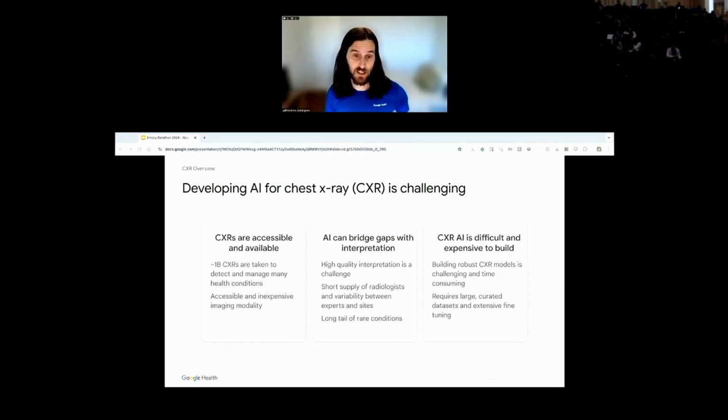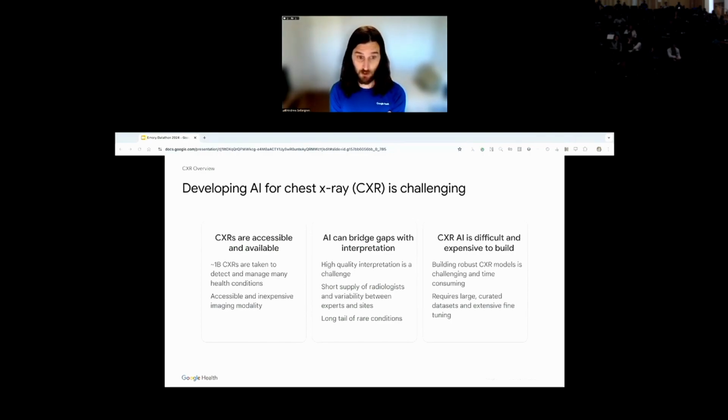But there is actually quite a shortage of radiologists to read them, particularly in certain areas of the world. So there's definitely an opportunity for AI to intervene to help bridge that gap in the supply of radiologists.